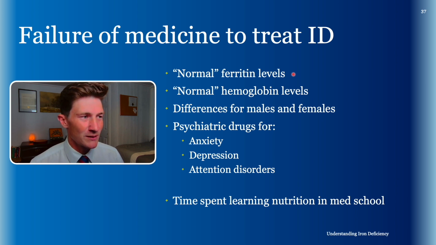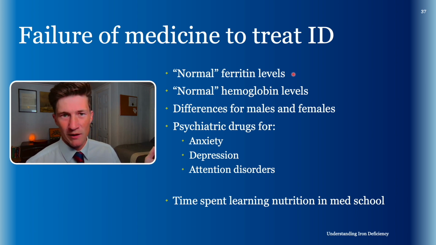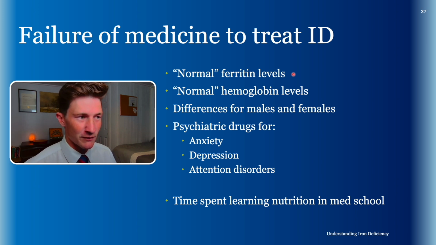And to me, what is obvious is that our normal should actually be whatever level results in no symptoms, right? Because that's what we care about. I don't care if I'm in the top half of percentiles of iron levels, but I have 5 symptoms of iron deficiency.